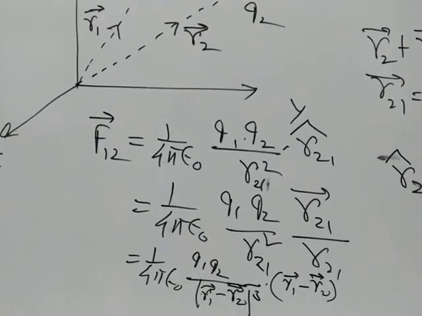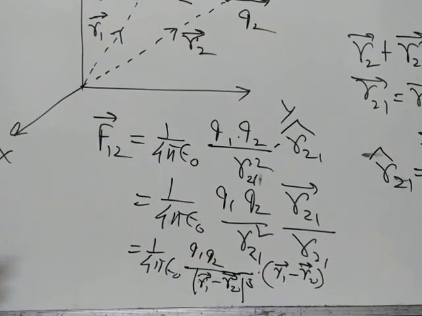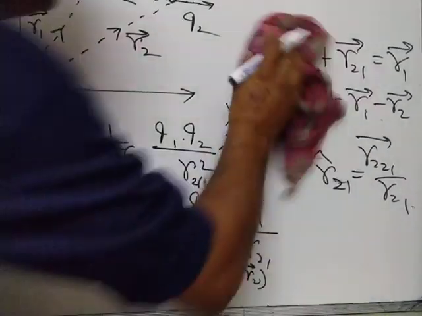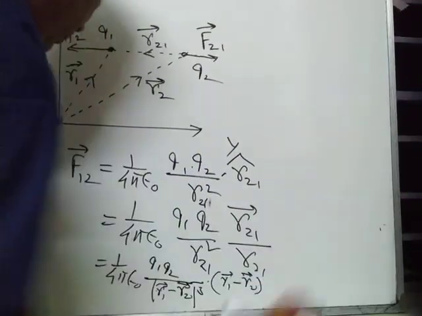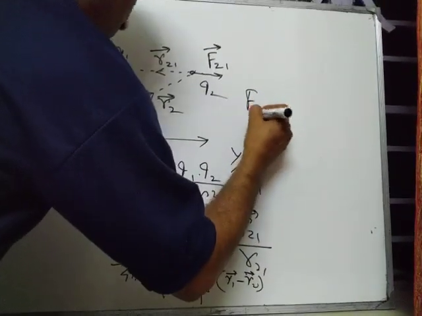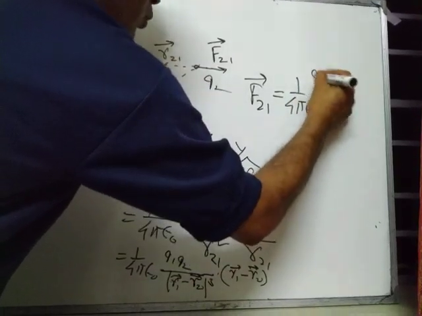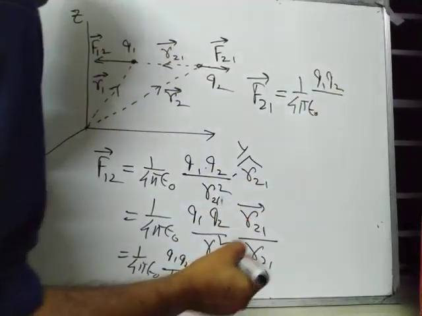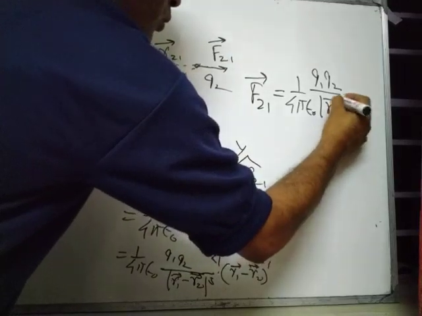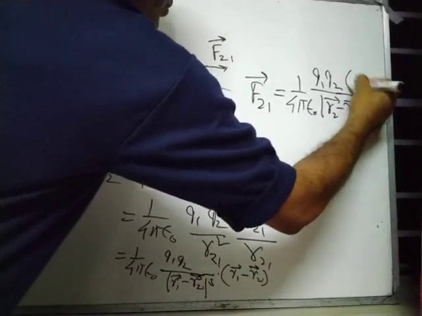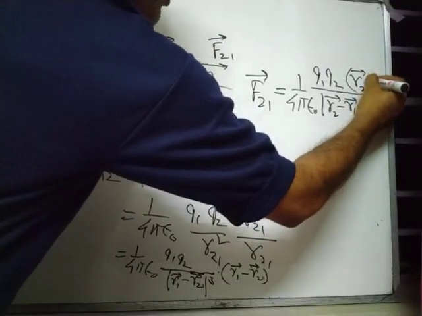And what would be the value of F21? The value of F21 would be 1 by 4 pi epsilon 0 q1 q2 divided by the magnitude of r2 minus r1 cubed, into r2 minus r1.